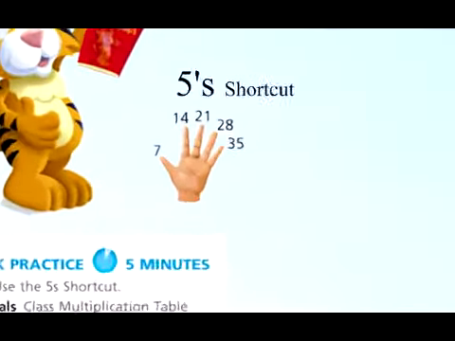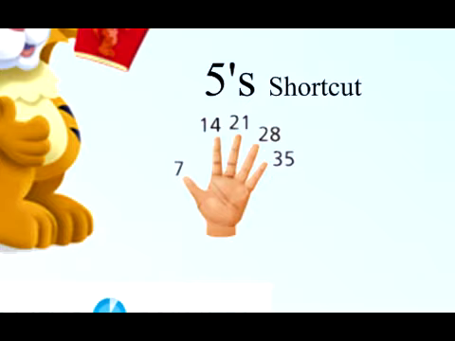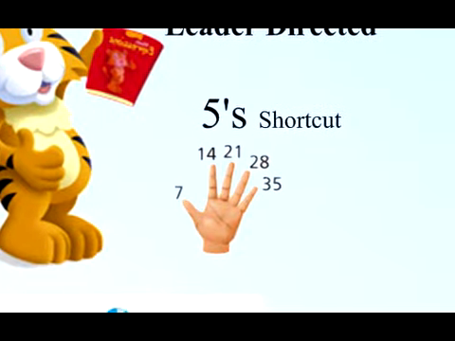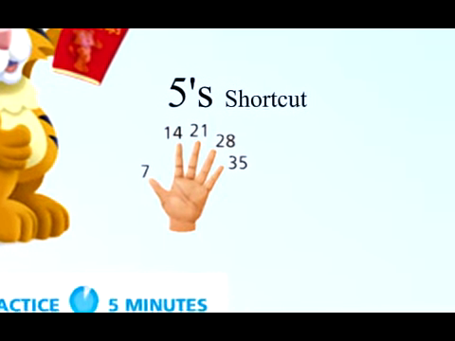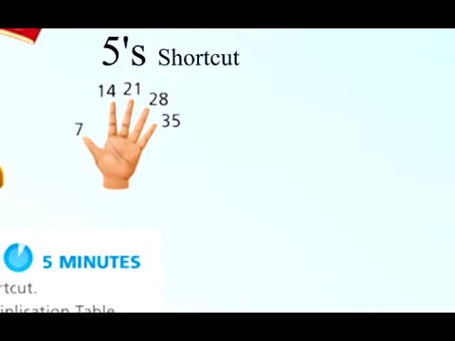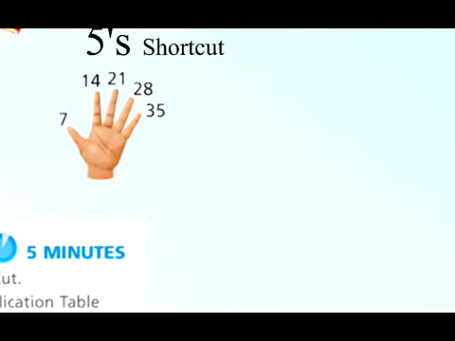Well, quick practice. Count with me. Put up your right hand. 7, 14, 21, 28, 35. What did we just count by? Sevens. You just got it. Now, if we take those right hand, we got 7 times 5 equals 35.